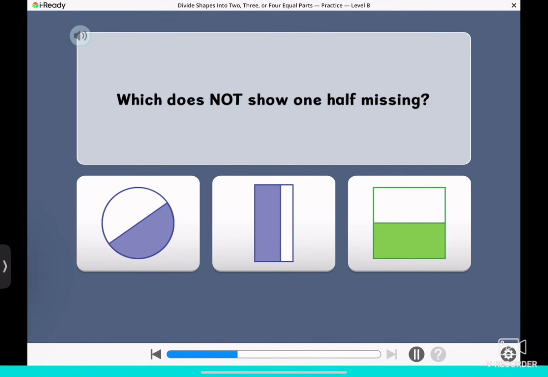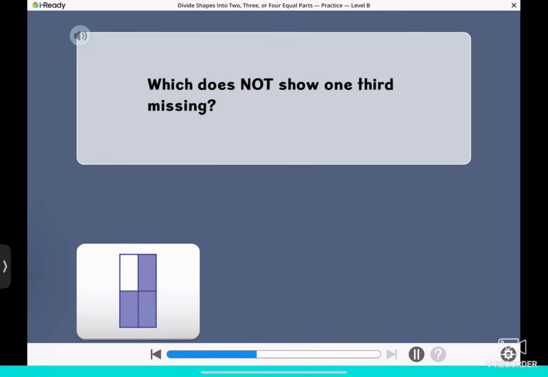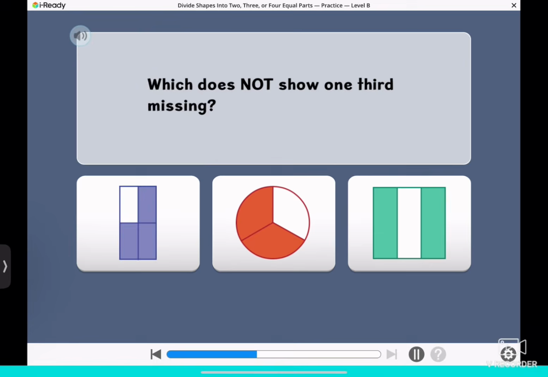Which does not show 1 half missing. Good going! This shape has 2 unequal parts, so it does not show 1 half missing. Which does not show 1/3 missing.